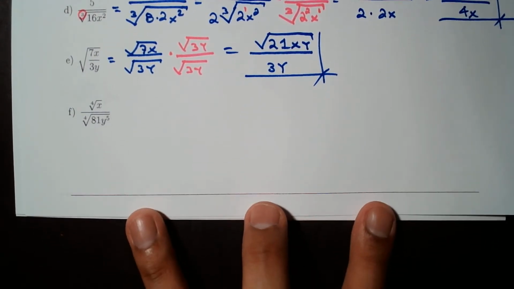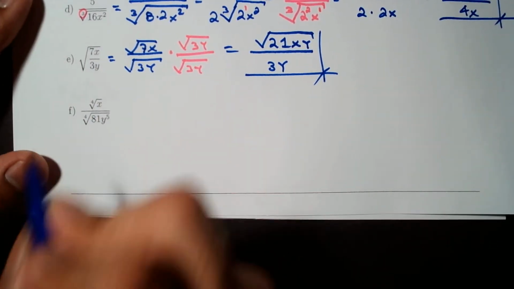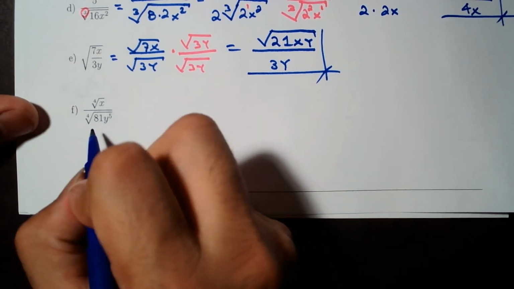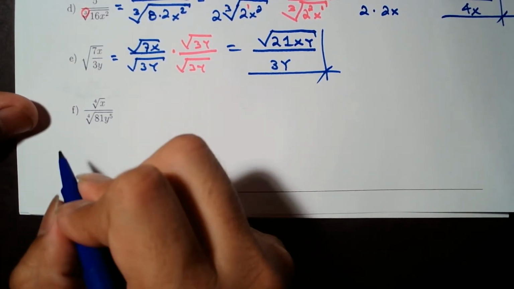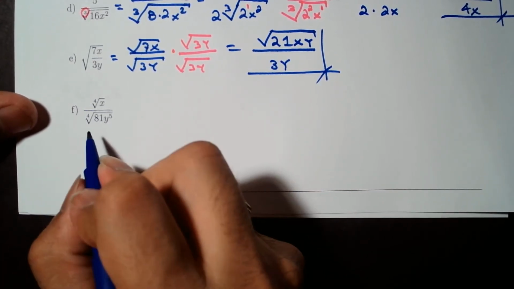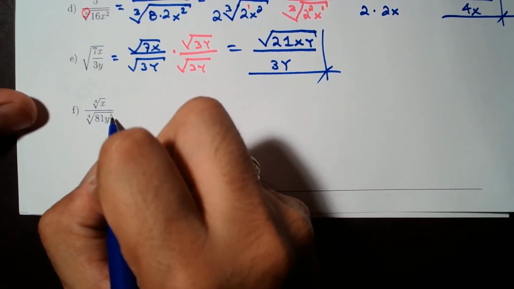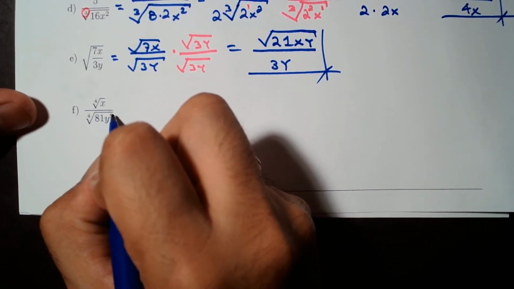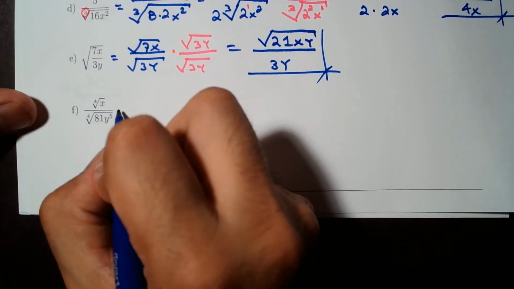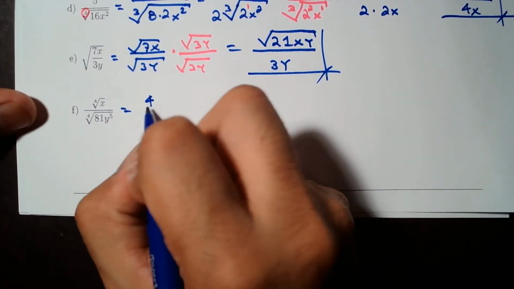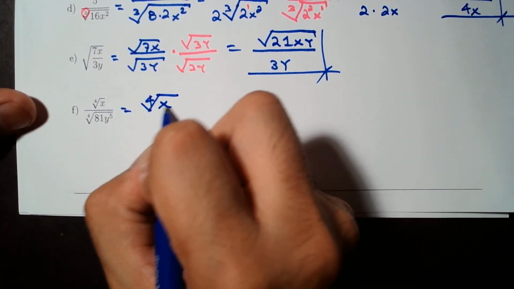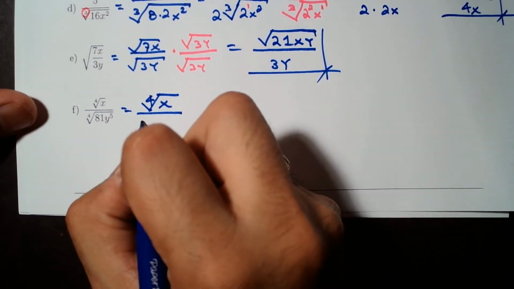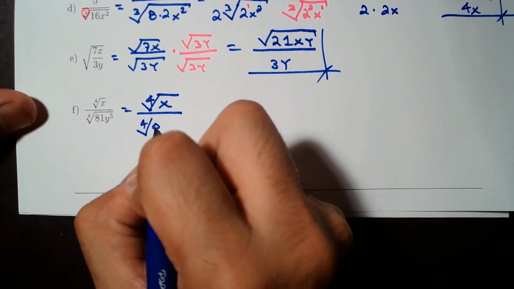Alright, let's increase the power over here. So now we're going to do one with power 4. If you observe these numbers, the number 81 is a perfect fourth. But notice that y to the fifth, this fifth power, is larger than the index. Well, let's break it down first. The fourth root of 81.